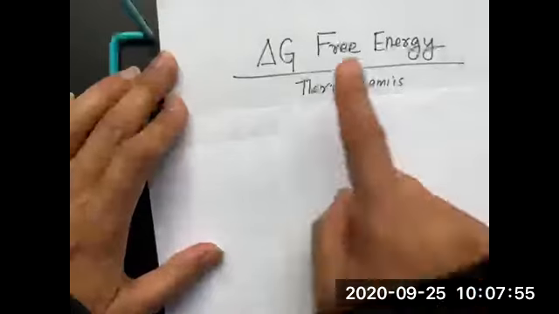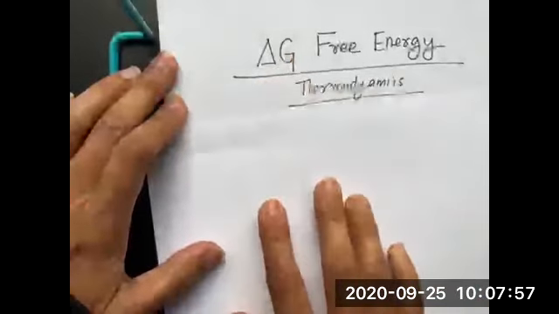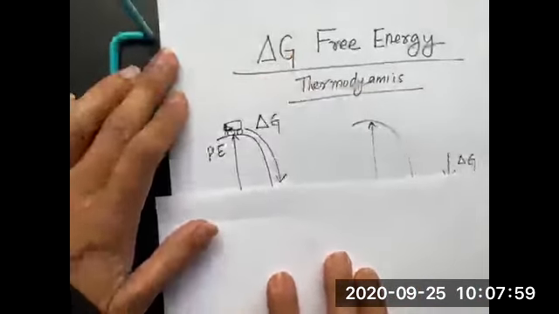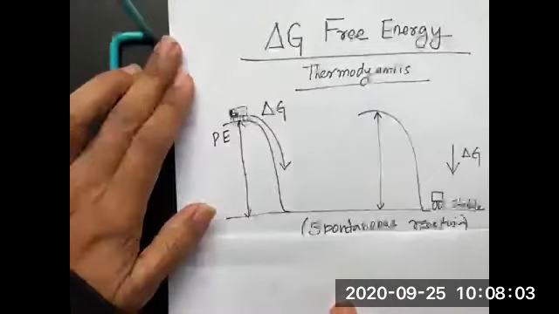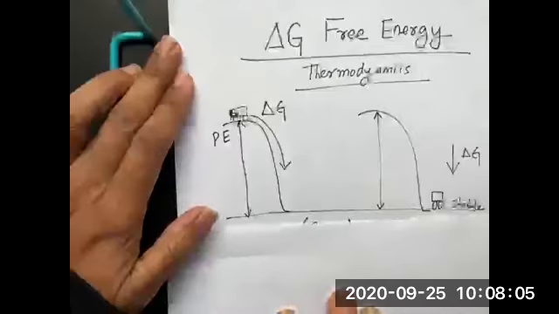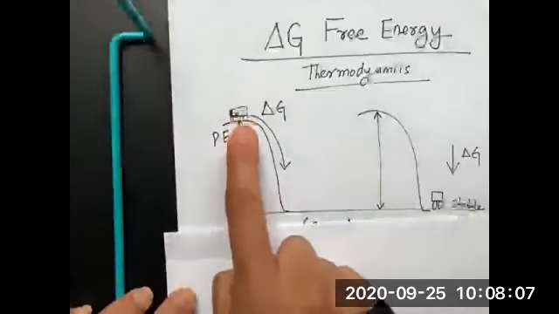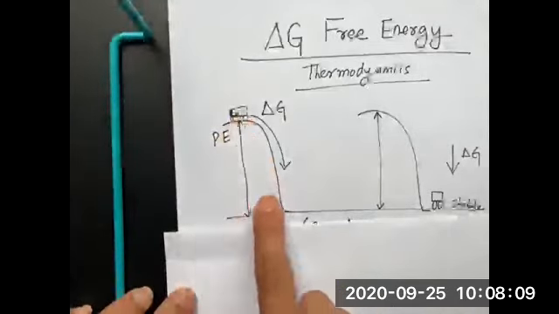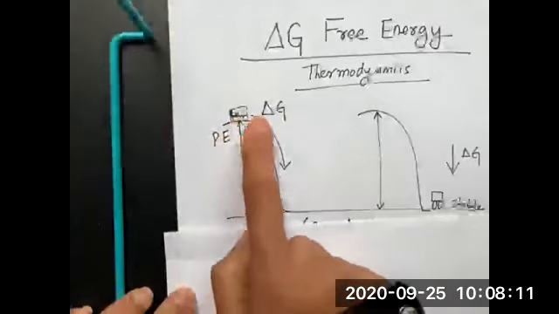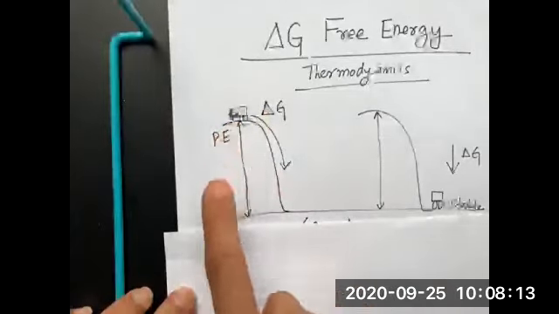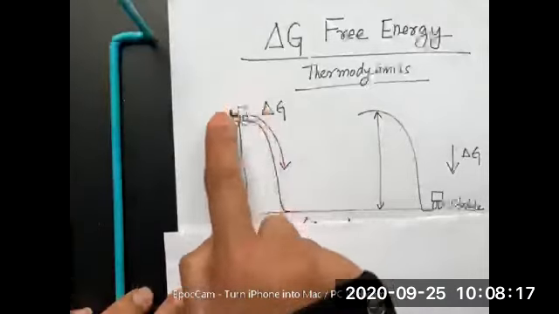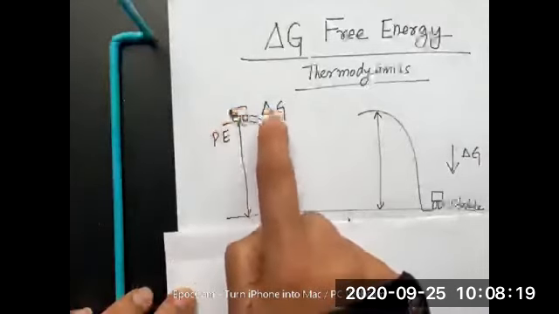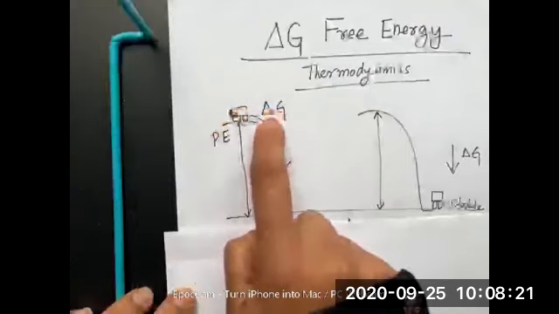It's also depicted as delta G. Another quick example, which you might have encountered in physics class: what I'm trying to show here is a trolley on the top of a hill. You can see my diagram skills are questionable here, but this is a trolley. It has potential energy, and because it's at this height, it has a lot of delta G. It has free energy, energy that is not being used yet.